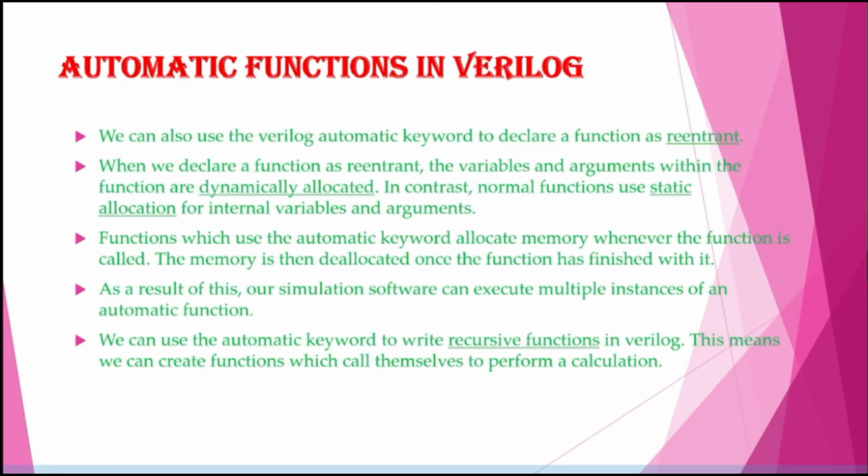If it is a static function, you don't need to mention it separately. Even if you mention it, it doesn't throw an error, but you need not do that. But if you want that particular function to be automatic in nature, then you should represent it as an automatic function.